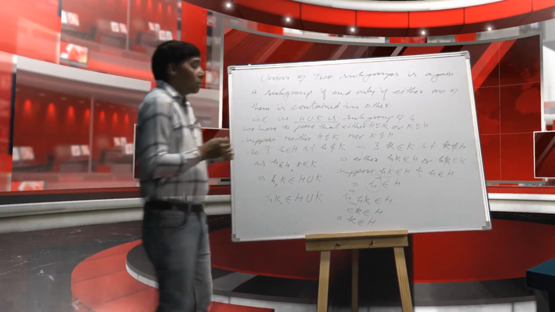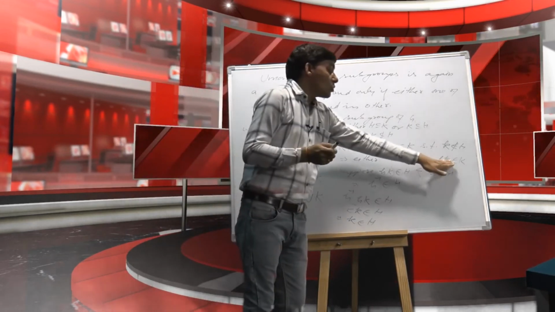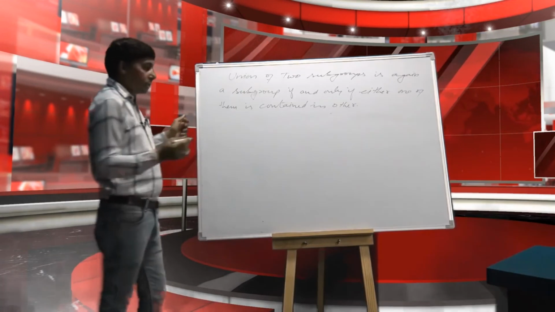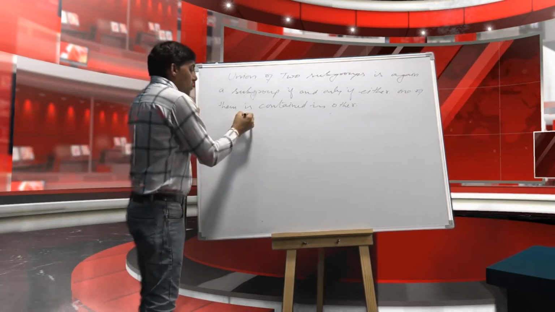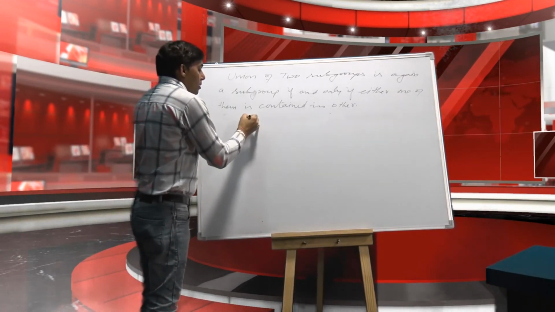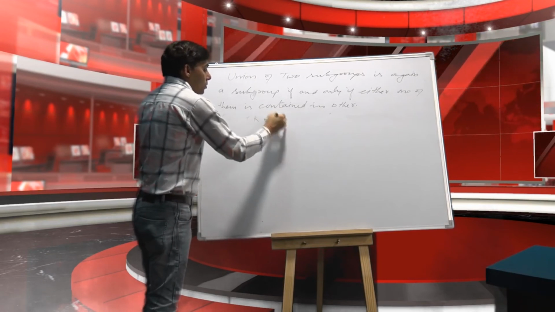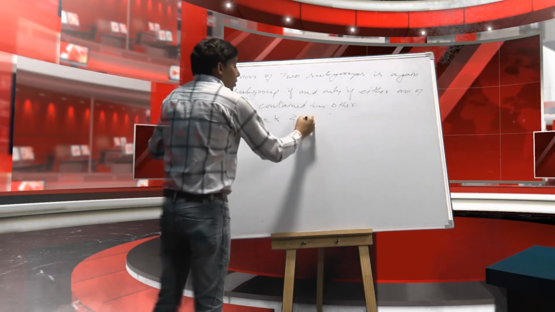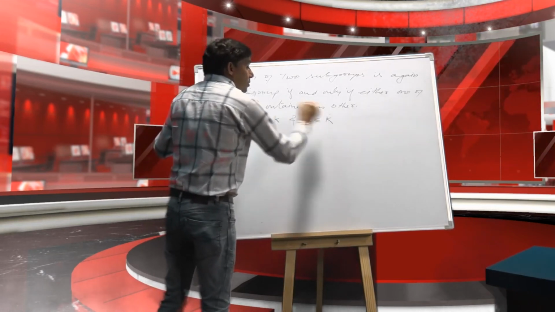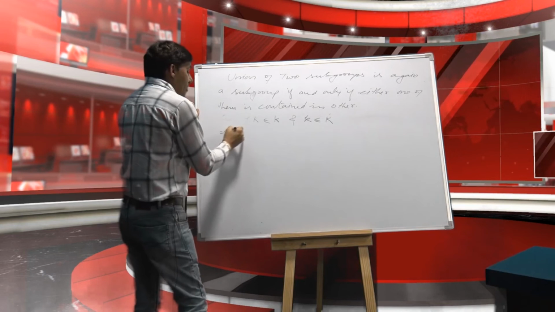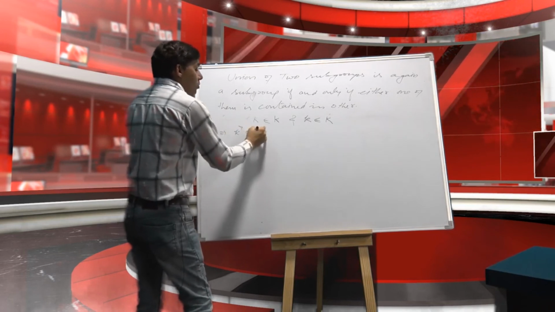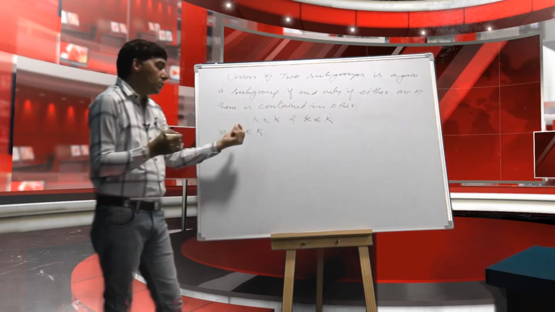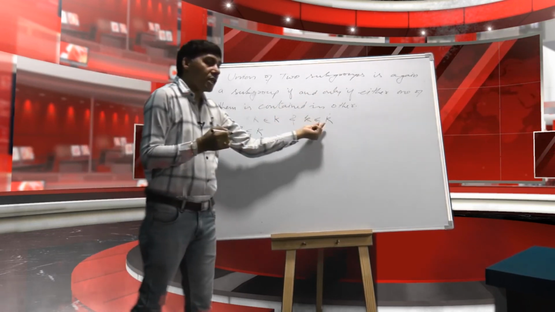So let us assume that hk belongs to capital K. Let hk belong to K and small k also belong to K. This implies k inverse belongs to K because K is a subgroup of G and the inverse property is satisfied.